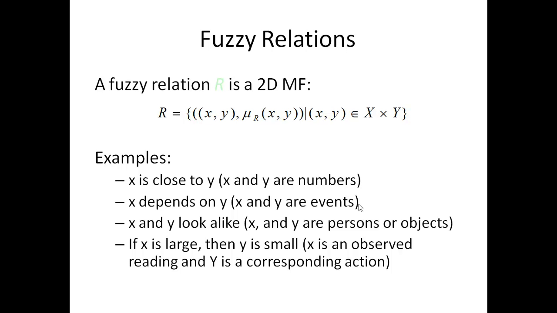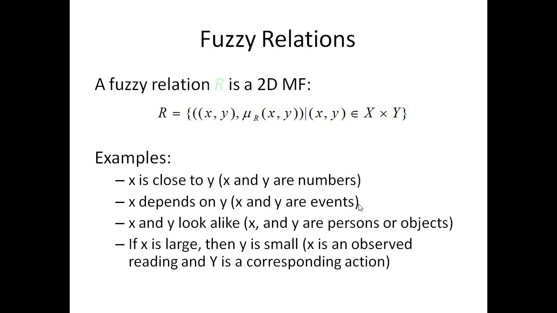For examples, x is close to y, where x and y are numbers. x depends on y, if x and y are events. x and y look alike, for x and y being two persons or objects.